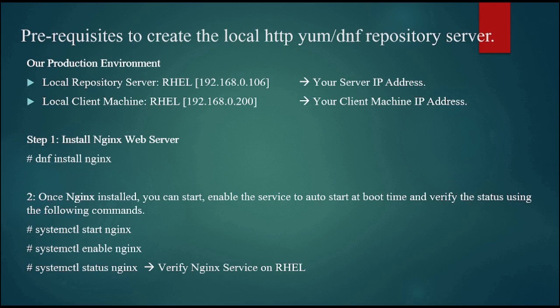After that, we log in to the repository server and install the Nginx web server package with the help of dnf install nginx. Once we install the Nginx package, we start it with the help of the systemctl start nginx command.